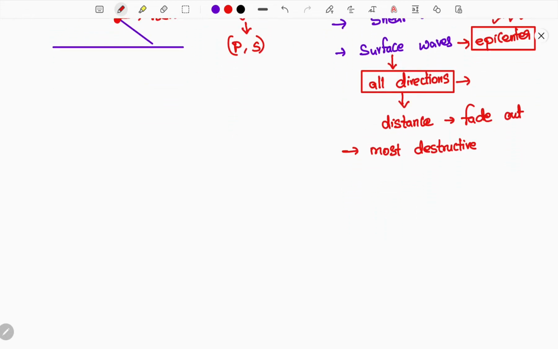And next, one thing we must remember, very important, is that this is the slowest wave too. When comparing to the other seismic waves, surface waves are the slowest. How can you say this is the slowest, sir? These are the last to be reported in the seismograph, through which we measure seismic waves.